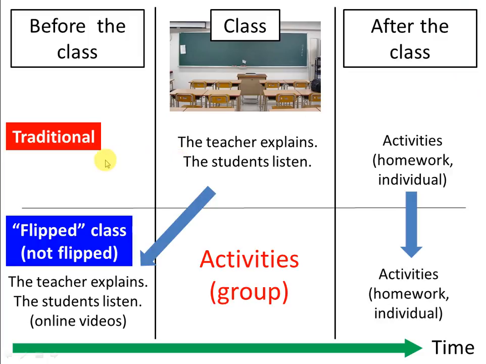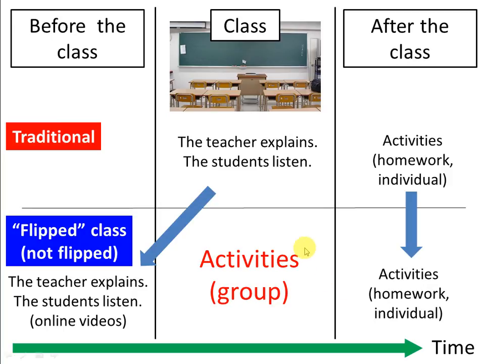So traditionally, in the class, the teacher explains and the students listen, and after the class, the students do activities, and we call those activities homework. So the students do their homework individually, usually. But I think if they do it individually, maybe they should do it individually anyway.